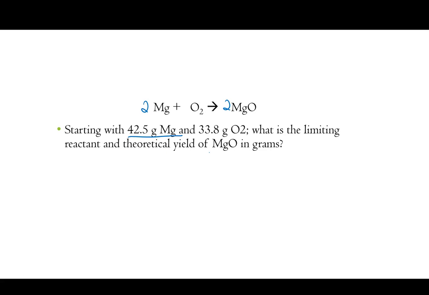So this problem, I'm starting with 42.5 grams magnesium and 33.8 grams of oxygen. I'm going to solve for the limiting reactant and the theoretical yield of magnesium oxide.